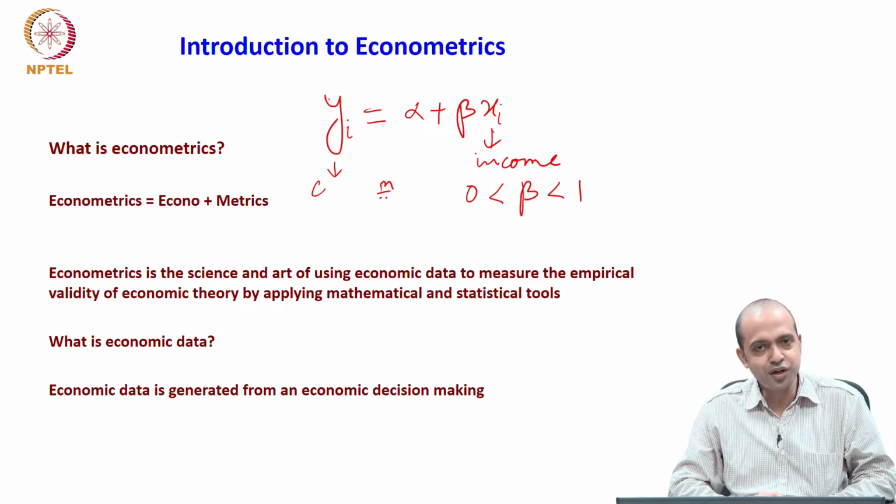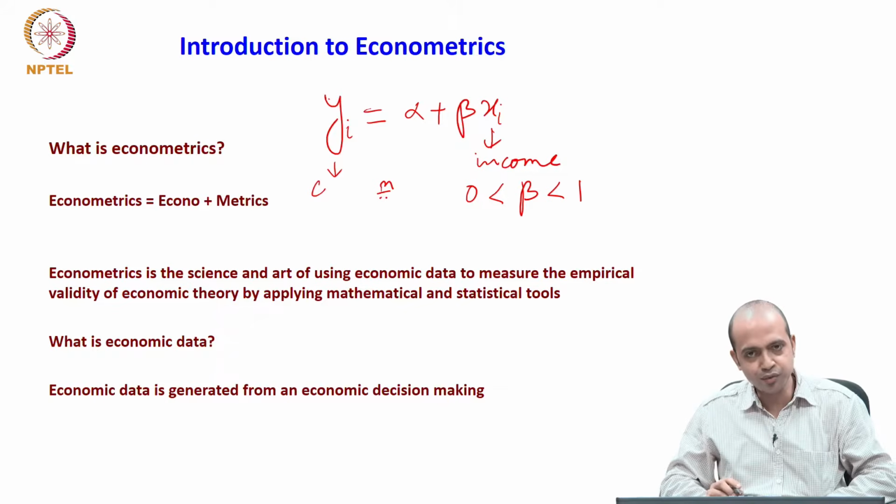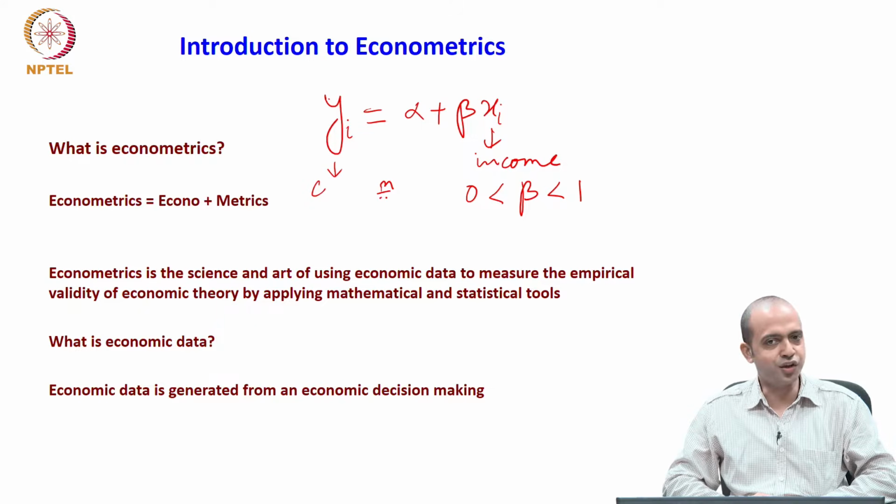So that means an econometrician's job is quite different from that of a statistician or a mathematician. The mathematician will build the model using a mathematical equation. The statistician will collect data on income and consumption, that is the raw data, and will represent the data using some tables or charts or diagrams.